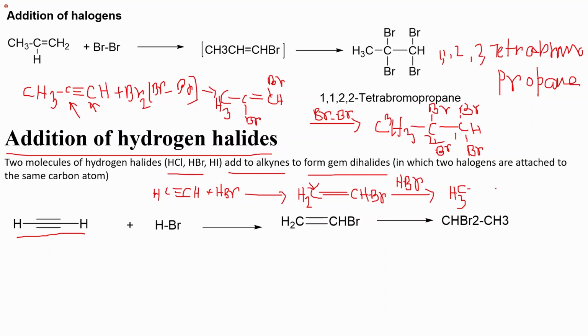Now there will be a generation of CH, Br plus Br minus, HBr. Now in the addition of hydrogen halide, we are in general discussing HBr, but the same trends also follow for HCl as well as HI.